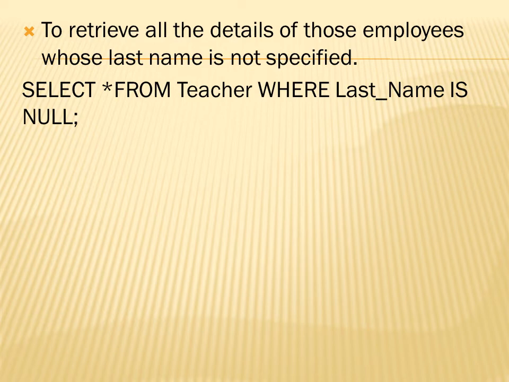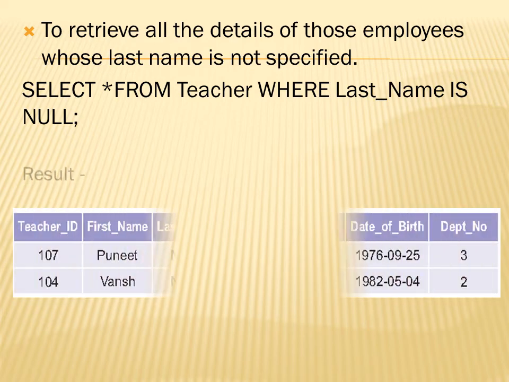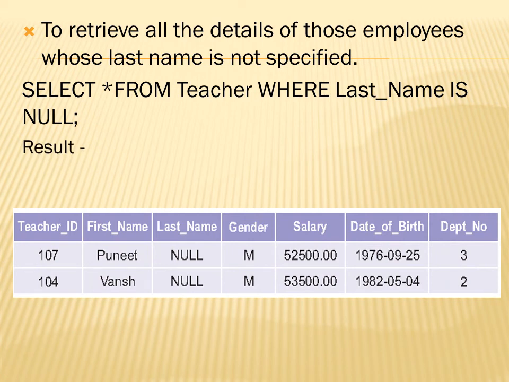Okay, you have to find all the details, so you use the star, from the table teacher, last name is null. So what is the output you are getting? This is the output. So Puneet and Vansh, there are two teachers whose last name has not been inserted in the table using the insert command. So this is the answer I will get.